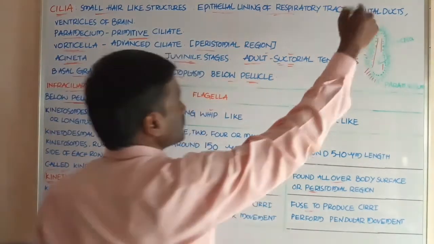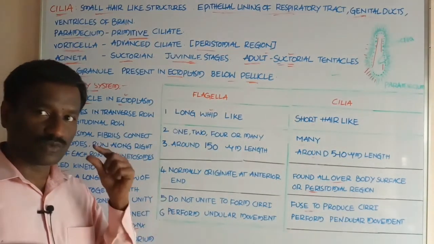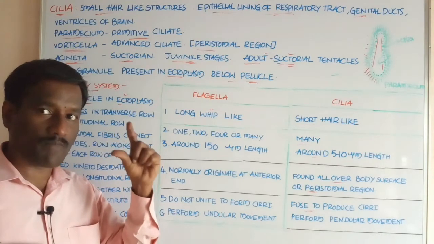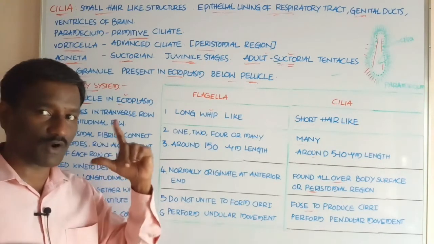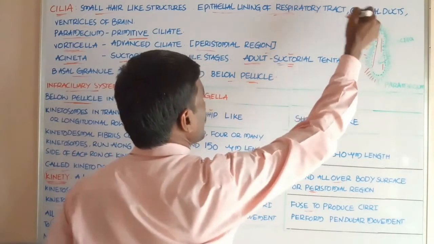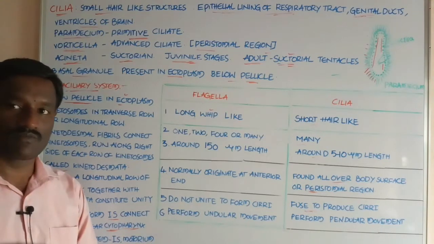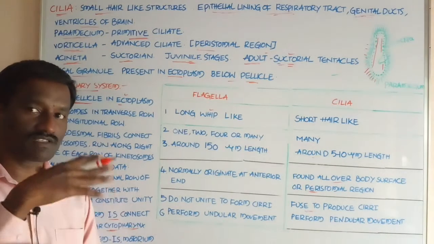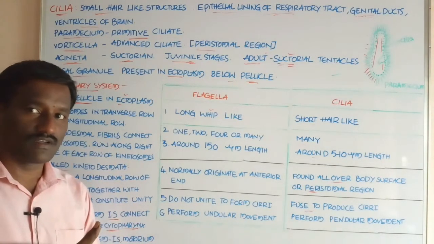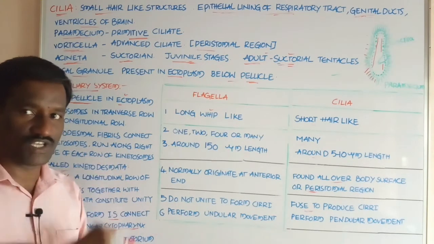The genital duct, meaning the reproductive ducts, tubes that allow the passage of the gametes, also shows cilia on its inner surface. Students, the ventricles of the brain, the cavities in the inner part of the brain, also show cilia on their inner surface.